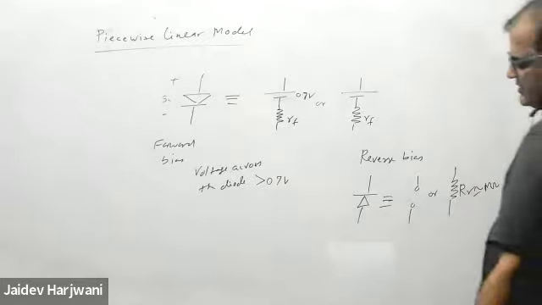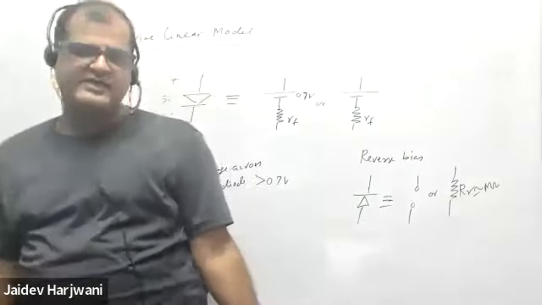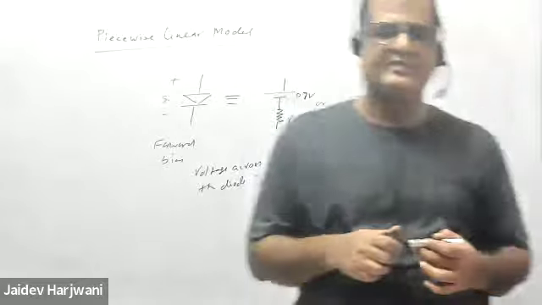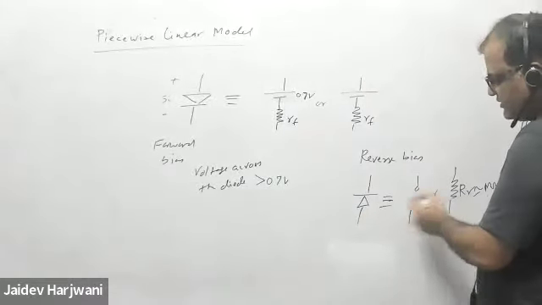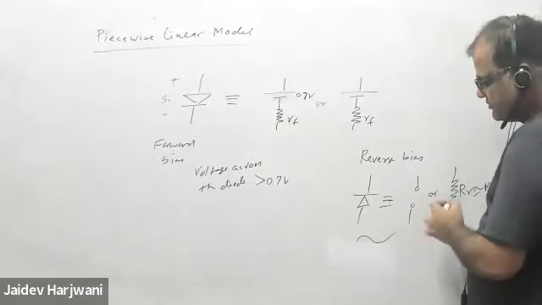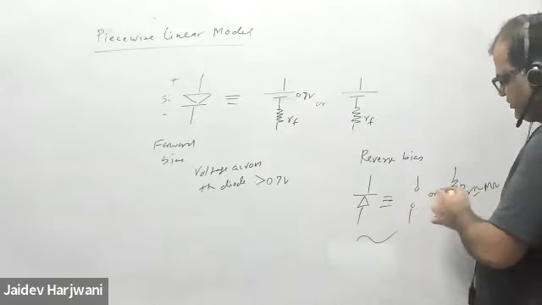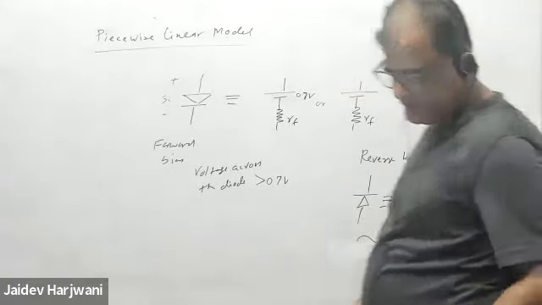So that's the same thing: either you make it open or you put a high resistance, so the current passing through the diode will be negligible. If nothing is given, then you replace it with an open circuit. If a resistance is given, then you can put that resistance in place of the diode, of mega ohm magnitude.